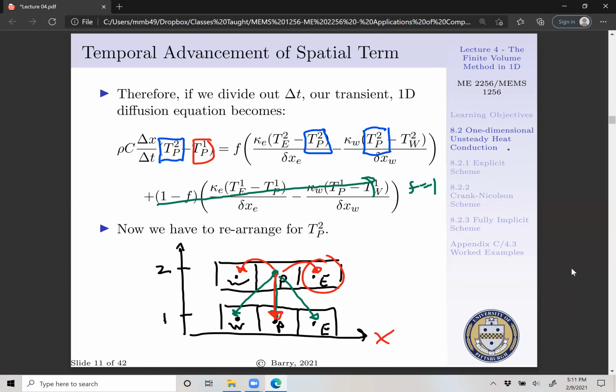So how on earth are we able to know T east at our second time step when we haven't moved our stencil down here yet to solve for it? And that's okay, because if we solve our equation simultaneously, we can solve for that value while we need it. So that's kind of what this equation tells us.